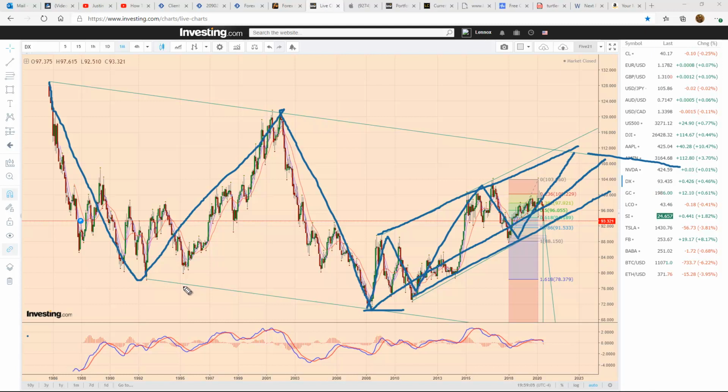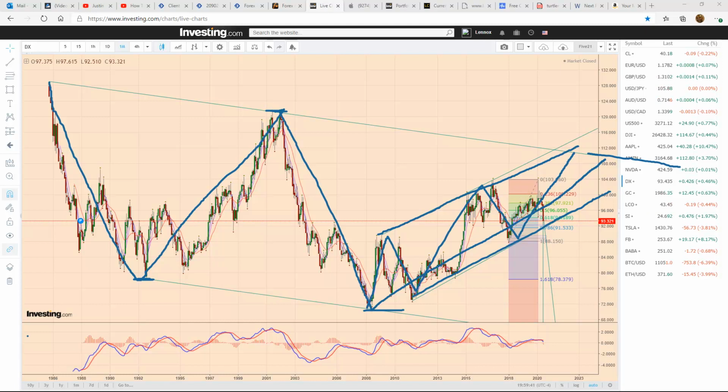From the 1992 low to 2001, it took 9 years to get to that level. From 2001, it took 7 years to get here. So again, it's the 2008 bottom, we haven't reached the top yet, and 12 years have gone by. So perhaps a lot of time still to go for this to make it to the top.